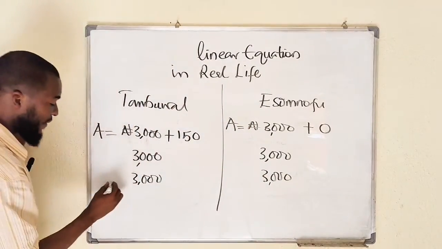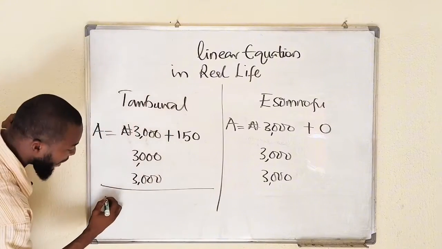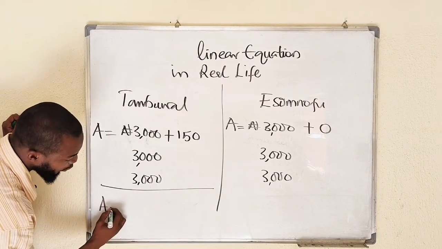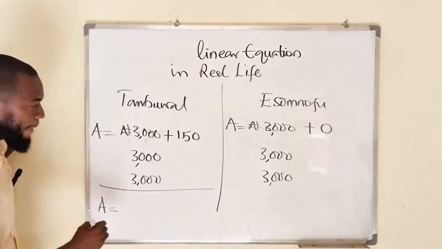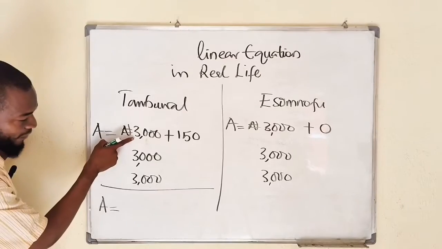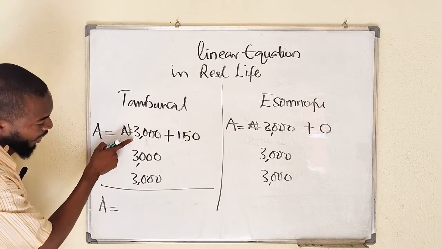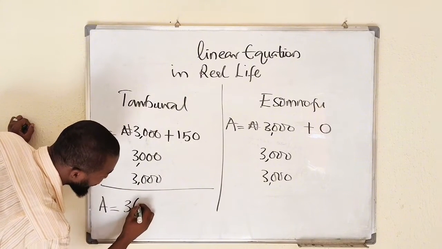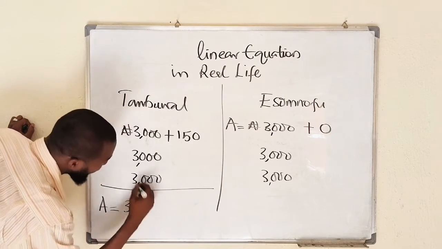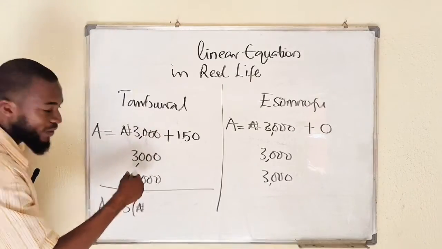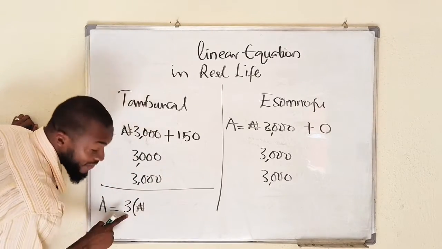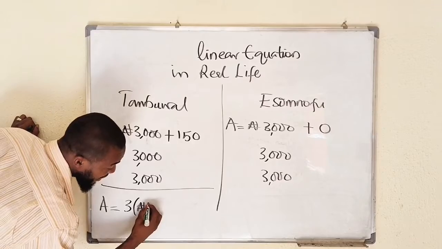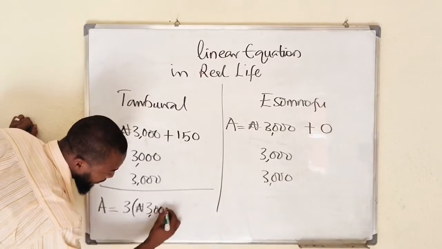You can see that in the end, my total amount will be what? I have deposited how many 3,000s? 1, 2, 3. I have deposited 3 of this 3,000 naira. Though I know it should be 27,000, right? But there's a reason for writing this 3 here. 3,000.